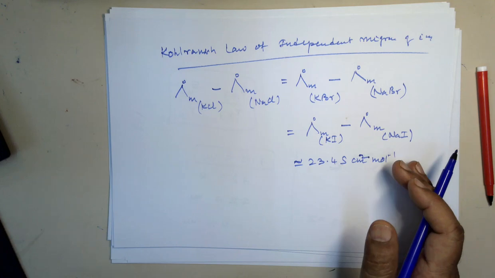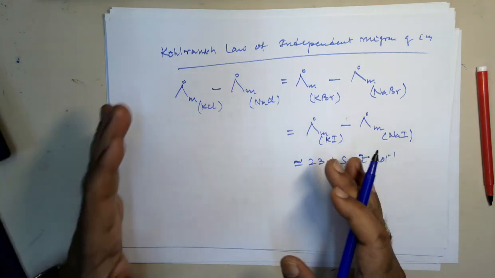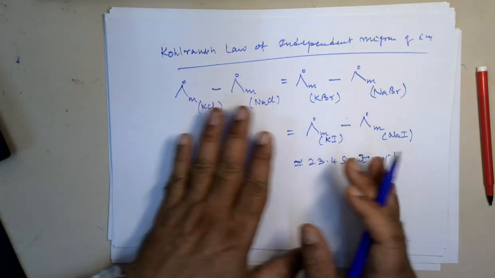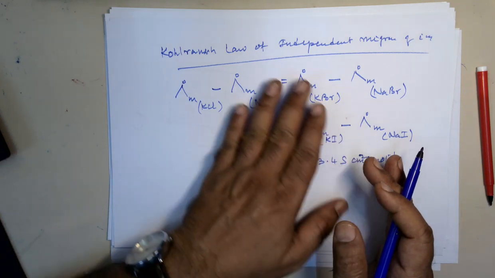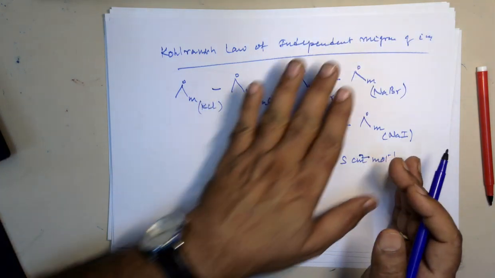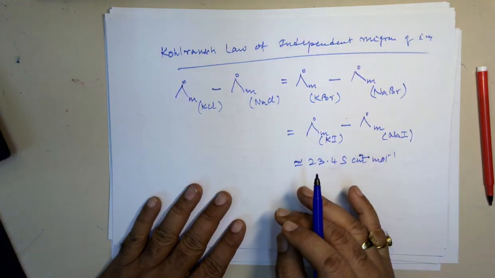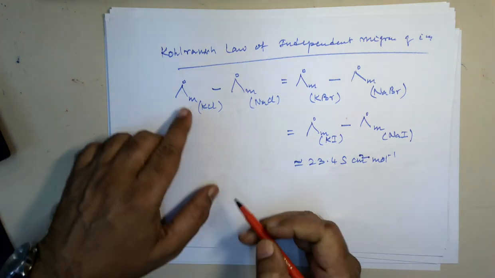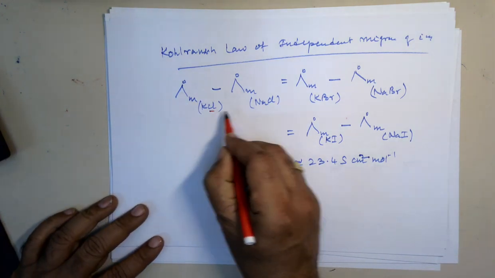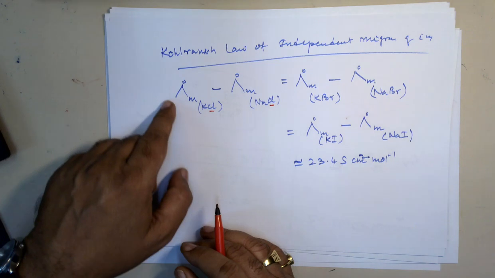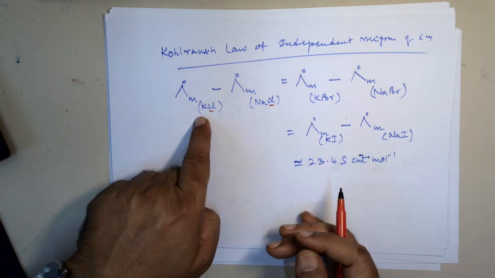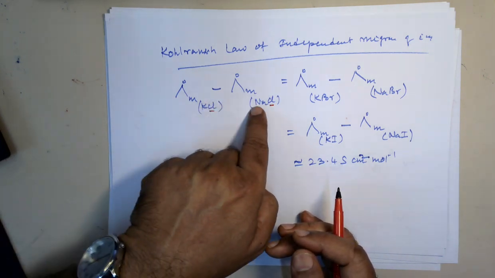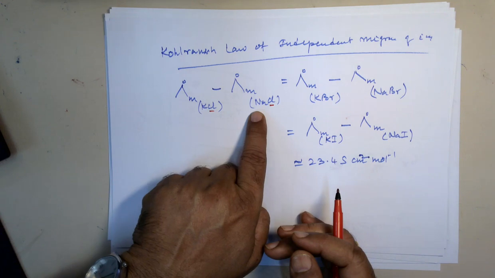Now listen, from this we are able to understand that these values are almost independent of migration of certain ions. For example, in this case, KCl is associated, right? But it is the difference between KCl and NaCl. K is predominant, Na is predominant. Do you understand?